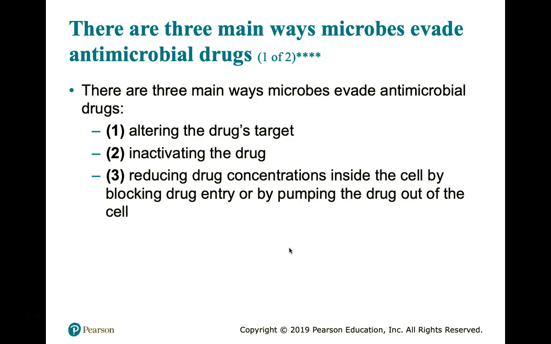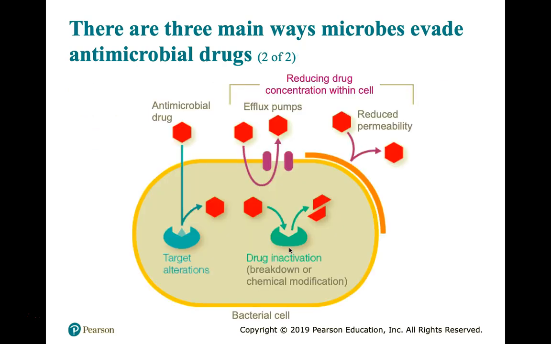And three major ways are altering the target, inactivating the drug, and reducing the concentration in the cell. So let's go through one by one. Here is your, let's say this is an enzyme right here.